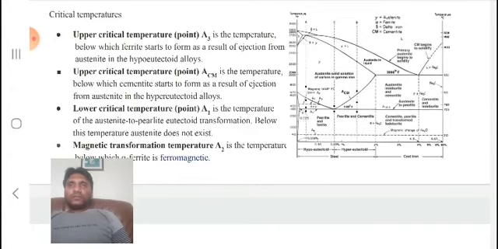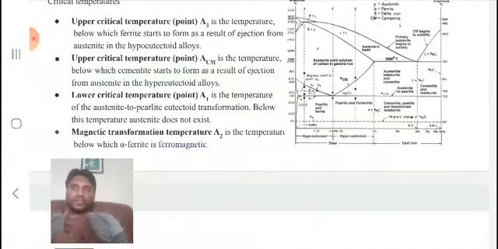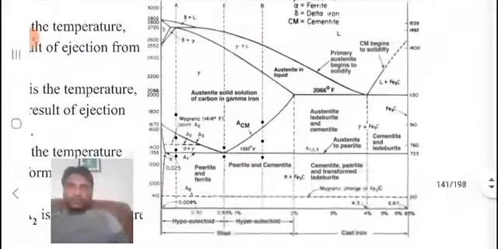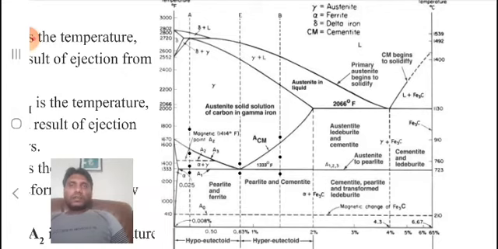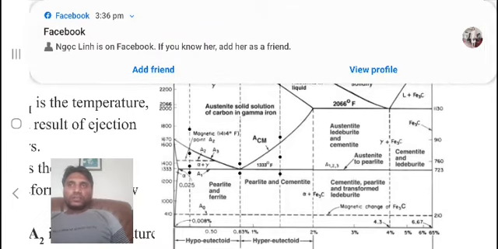A2 is the temperature below which ferrite is ferromagnetic. We know what alpha iron is, that is ferrite, BCC structure. You can also see here that pearlite and ferrite are formed in this region. Pearlite and cementite are formed in this region, in the hypoeutectoid steels.